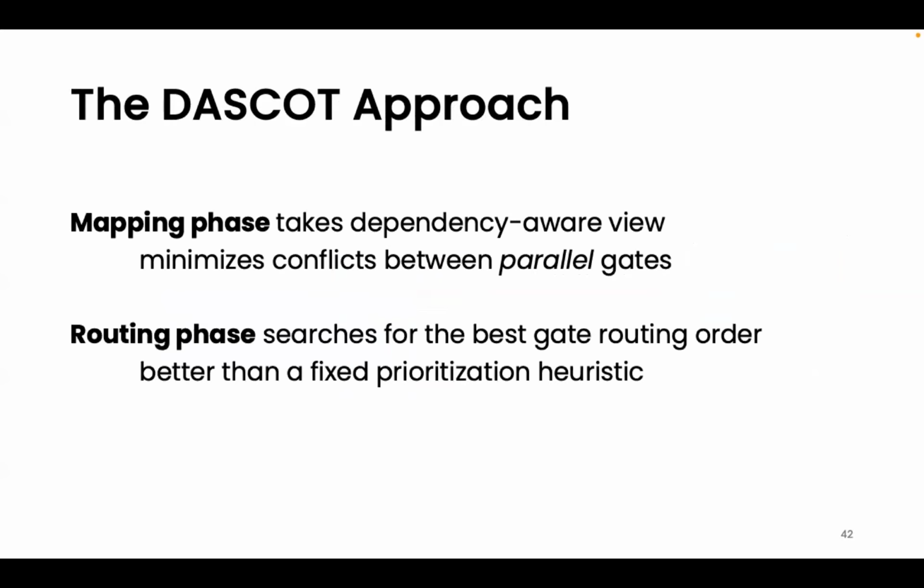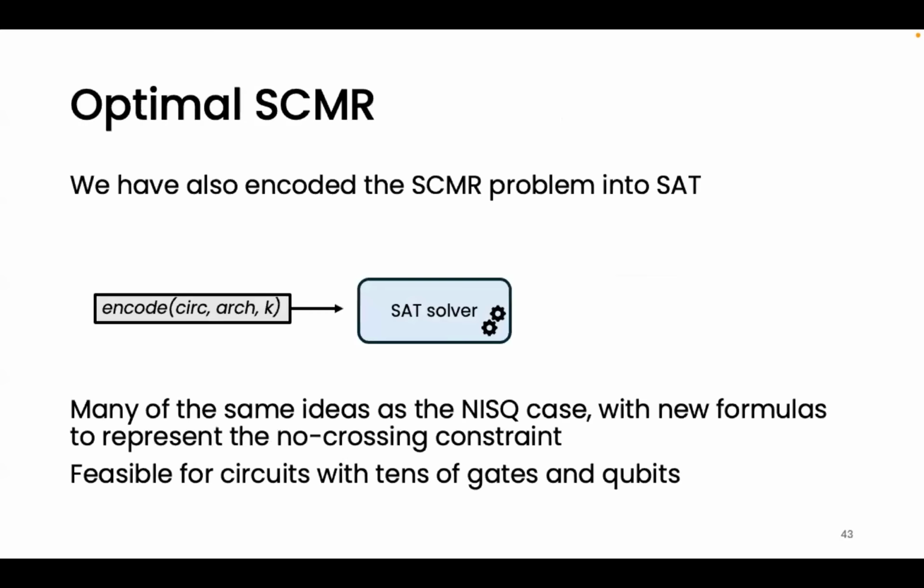And then we have separately a routing phase. Once we've decided on the mapping, how do we route the 2 qubit gates, and we search the space of possible orders in which to route gates, which we find is better than fixed heuristics that try to come up with some order in which to route the gates. And both of these searches at the mapping and routing phase are implemented using simulated annealing. So that's our approach for that.